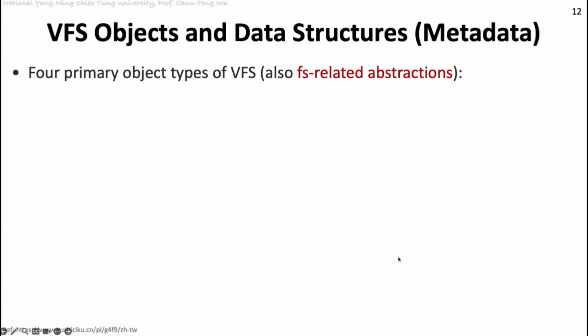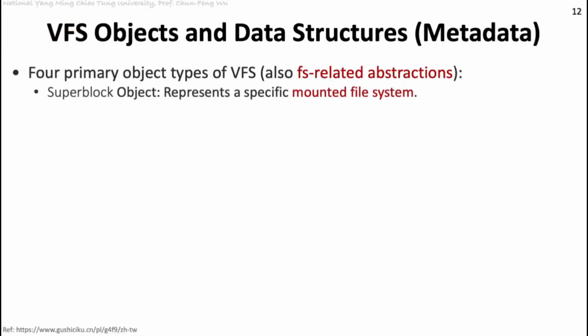For VFS, there are four primary object types, or you can think of them as four very critical data structures. The first one is the superblock object. The superblock object represents a specific mounted file system. As we mentioned before, each file system gets one superblock, so if on one disk you have ten file systems, then you need ten superblocks on that disk.